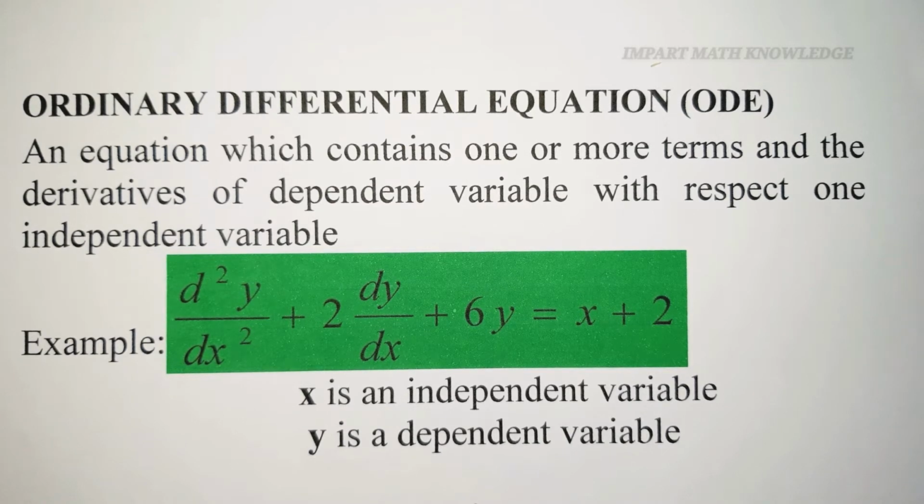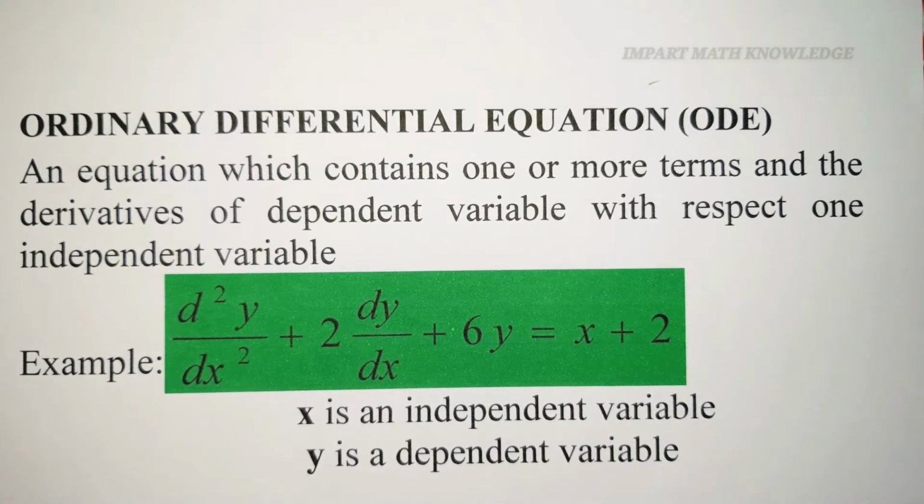Look at the example. d square y by dx square plus 2 dy by dx plus 6y is equal to x plus 2. In the derivative, x is an independent variable, y is a dependent variable. dy by dx is the rate of change of y with respect to x.